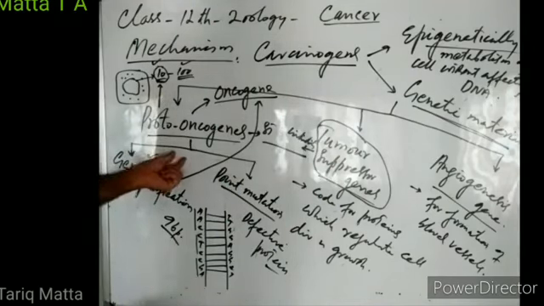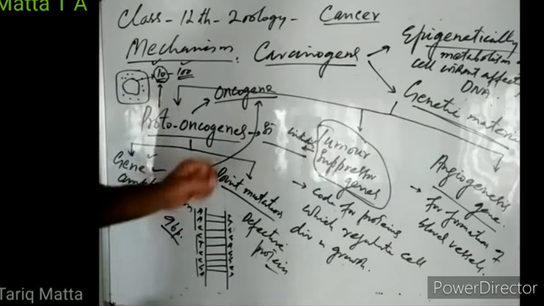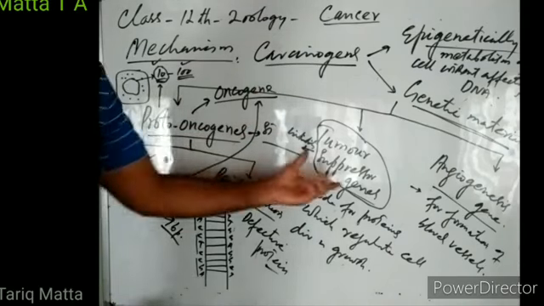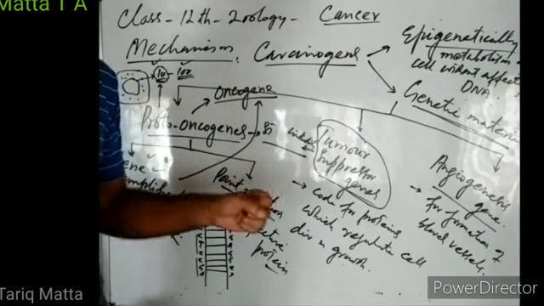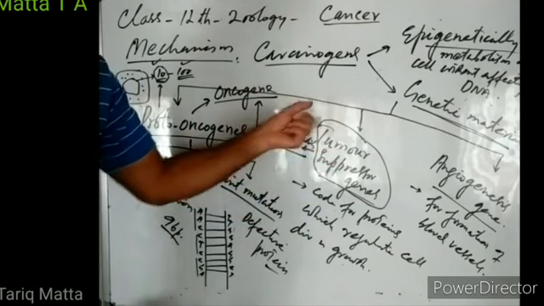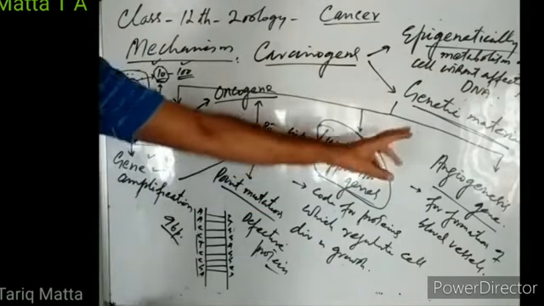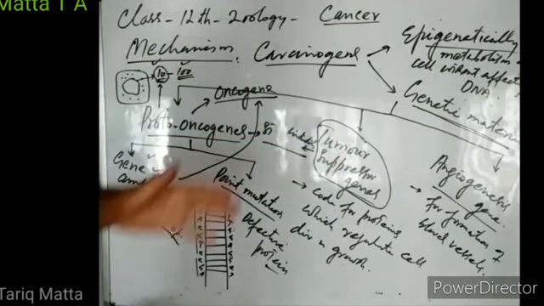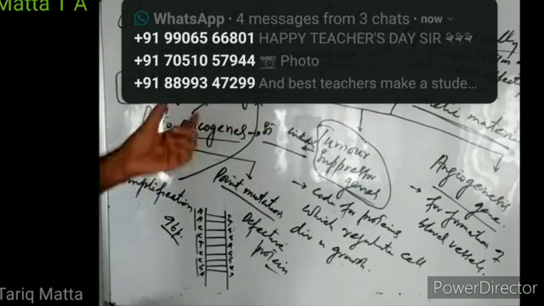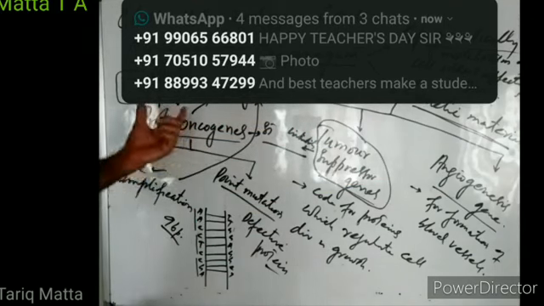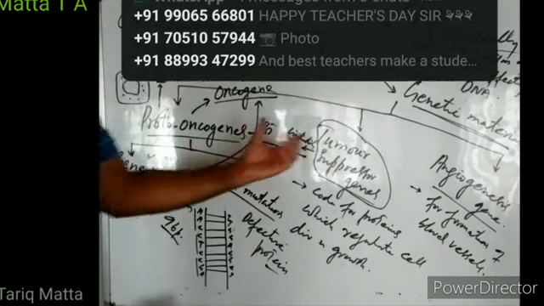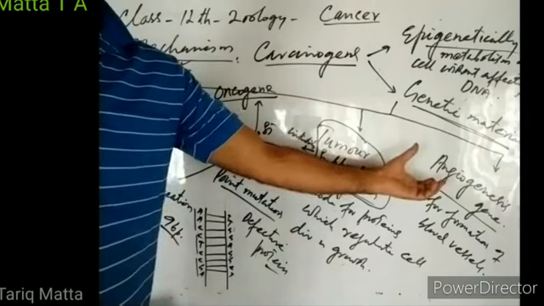Only the mutation of a proto-oncogene will not be sufficient to produce a cancer. Only the mutation of a tumor suppressor gene may not be sufficient to cause a cancer, right? Only mutation of the angiogenesis gene is not sufficient to cause a cancer, right? So for cancers to occur, simultaneous mutation of all three is required.